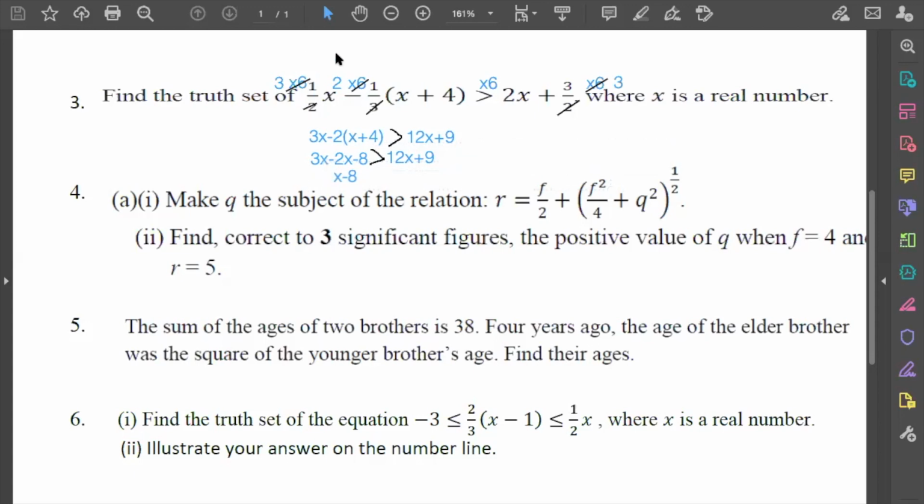And then I have my greater than sign. Greater than 12x plus 9. Good. Now I continue from here.